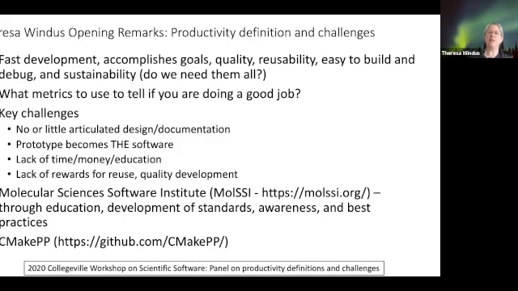And instead of doing it in sort of a quote ad hoc way, to provide a systematic training process for them. We're also looking at developing standards within MolSSI that our community can use, so that we can enable better reuse and hopefully higher productivity because of that.